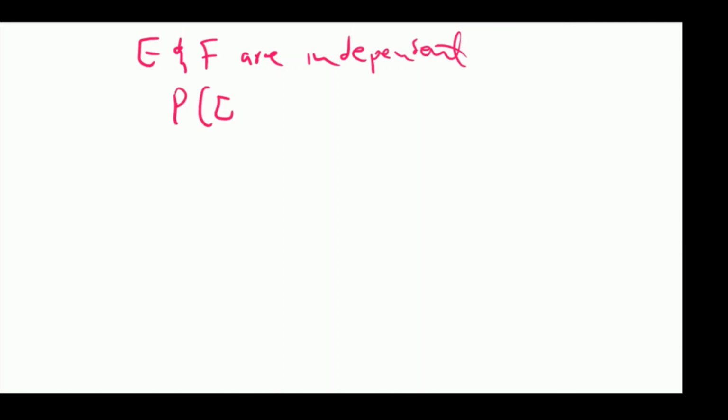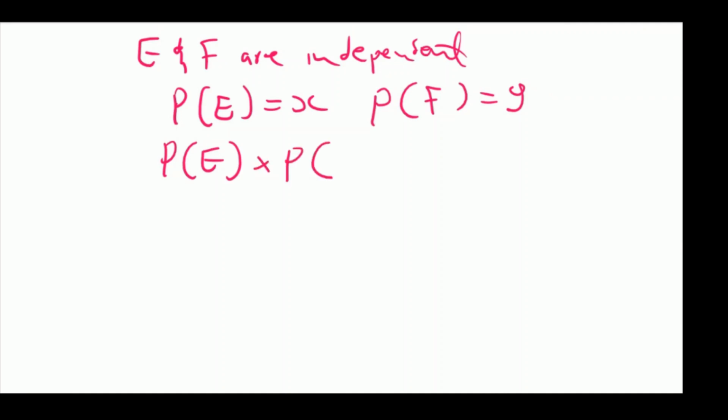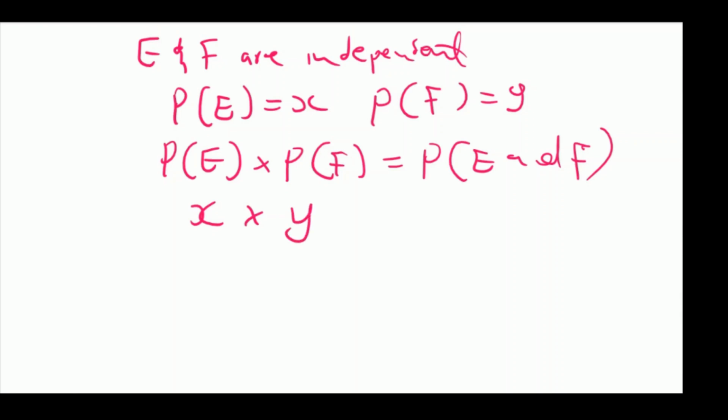So we are told that E and F are independent, right? So what this means is, if you have the probability of E given as X and the probability of F given as Y, then the probability of E multiplied by the probability of F must give you the probability of E and F. Which means X multiplied by Y is equal to, so what is the probability of E and F?